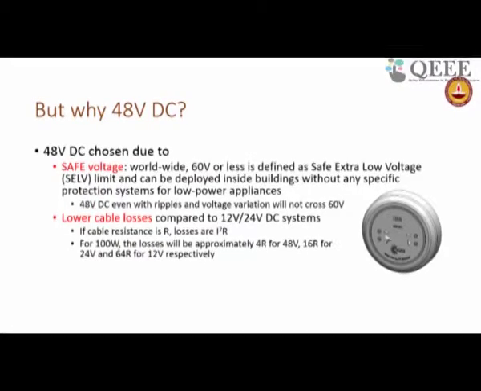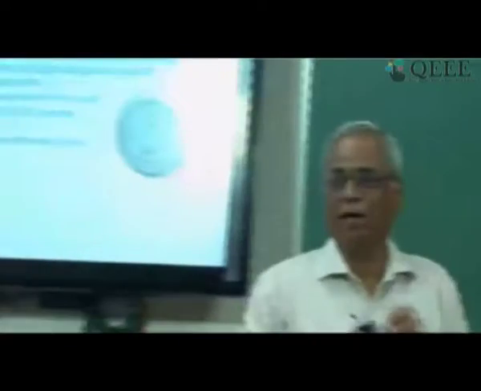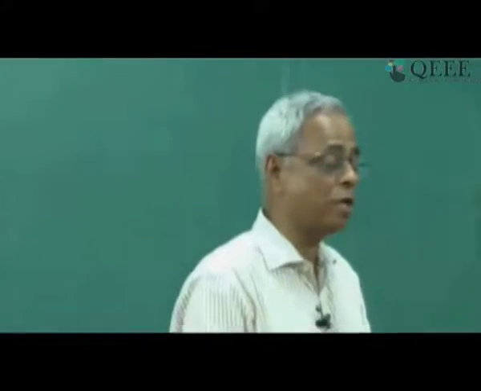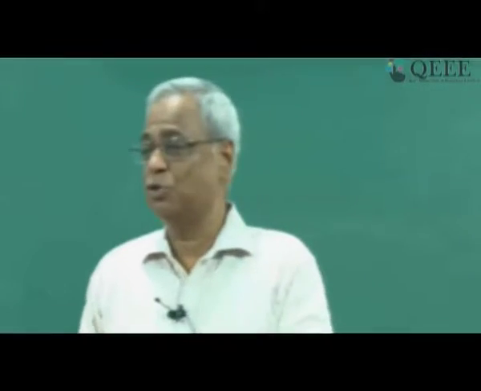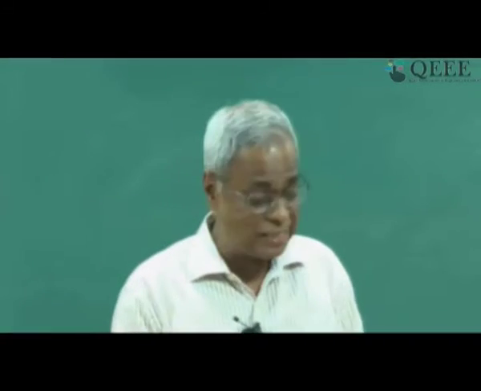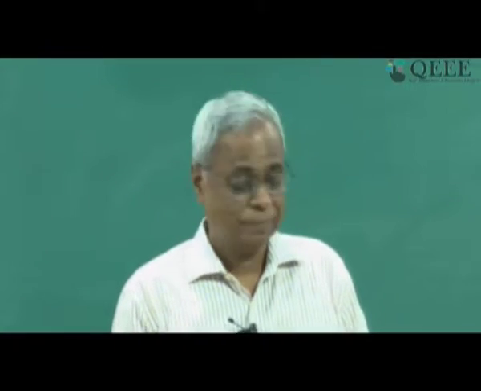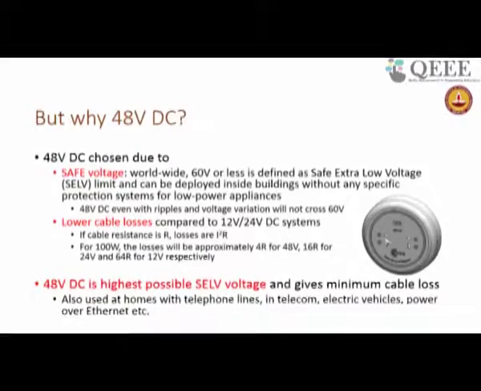If I am doing 24 volts, I have 4 amperes. My losses for 4 amperes will become 16 R. Losses for 48 volt will be 4 R. So losses will go up by 4 times. And if I choose 12 volt, the losses will go up by 16 times. So basically 48 volt DC is the highest possible safe voltage and also gives you the minimum losses. That's a very top level thing.